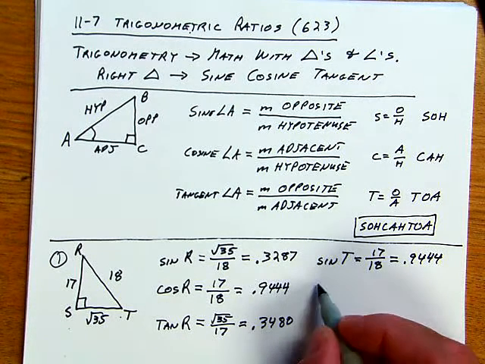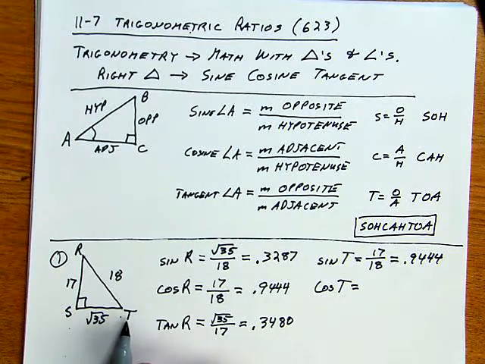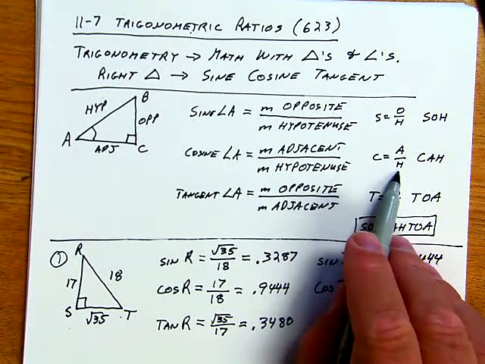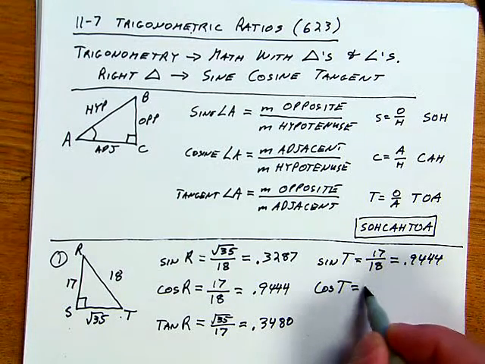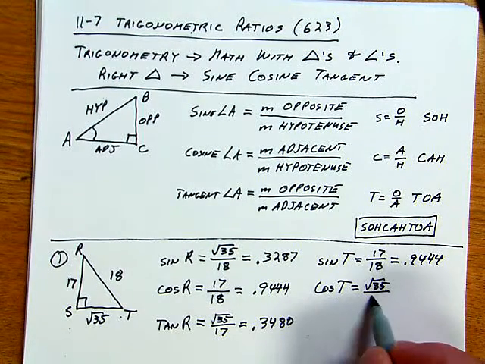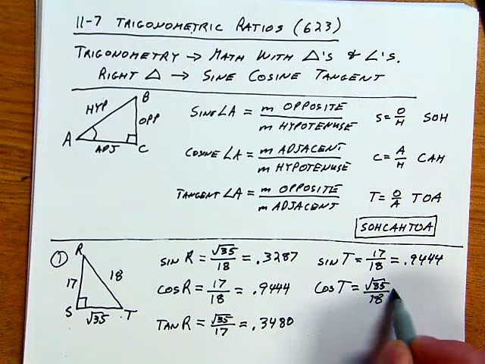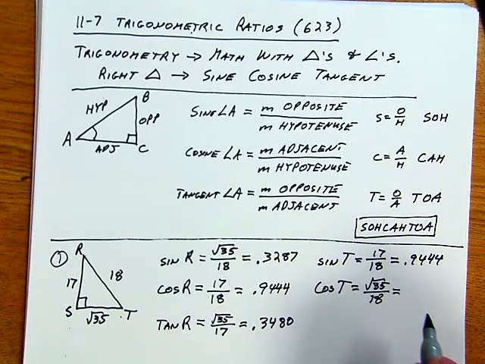Then we'll do the cosine of T. Cosine is adjacent over hypotenuse. For T, the adjacent is the square root of 35, all over hypotenuse, 18. And we did that up here, so it's 0.3287.